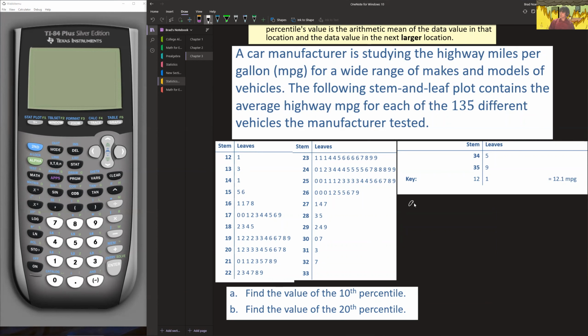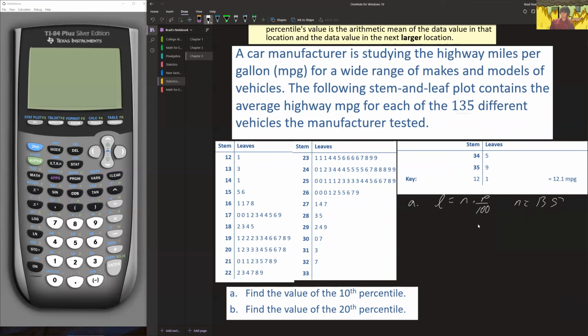So let's get started on A here. Now, I know I'm going to be making use of the formula L equals N times P over 100. So what I need is N and P. So N here is the number in the sample. I know it's 135 because that's what they tell us.